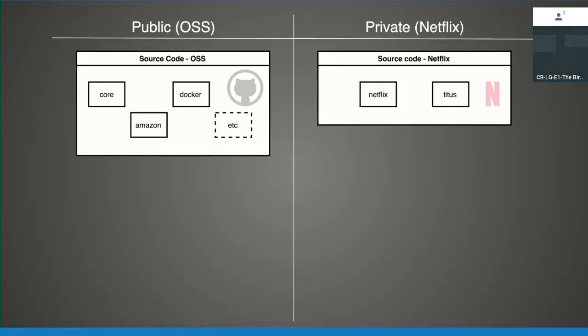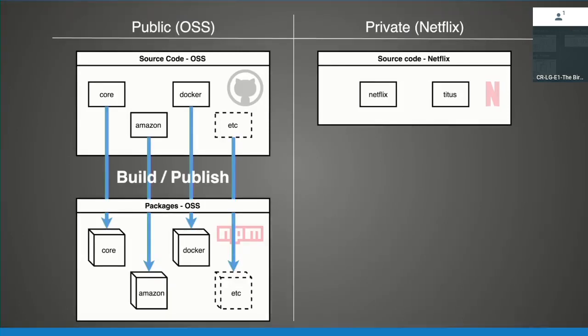Those are the customizations that we've layered on top of the OSS code. So when it comes time to build the Netflix build, we take the public modules, we build those, and we publish those to NPM. So they're freely available via the NPM package manager and in the NPM registry.